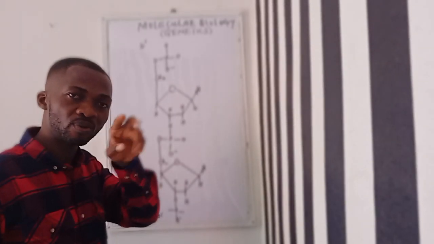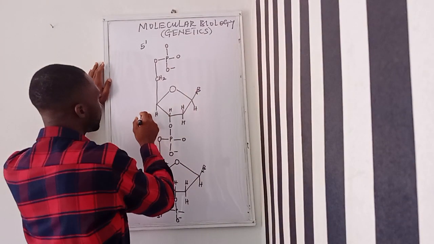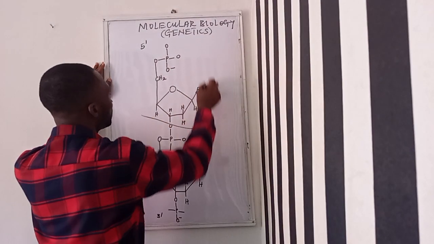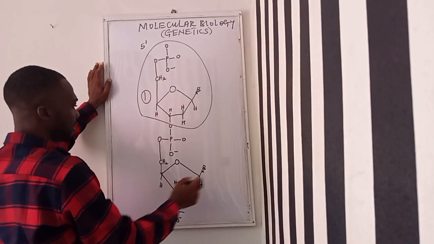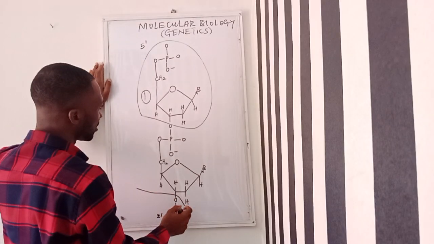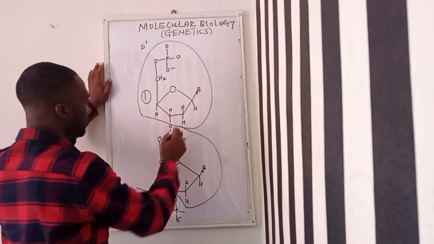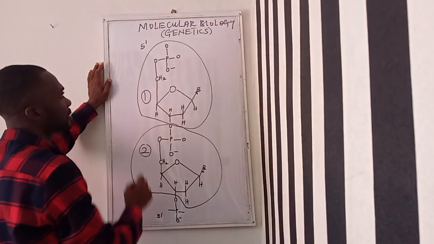Each nucleotide will contain those three components I mentioned. So the whole of this is one nucleotide, and the whole of this again is another nucleotide, the second nucleotide.